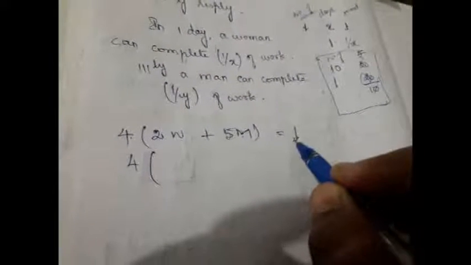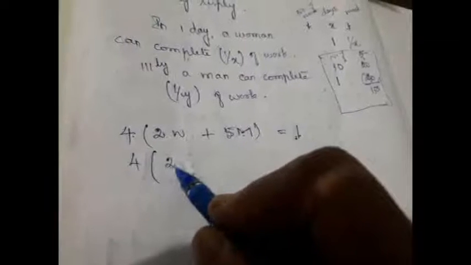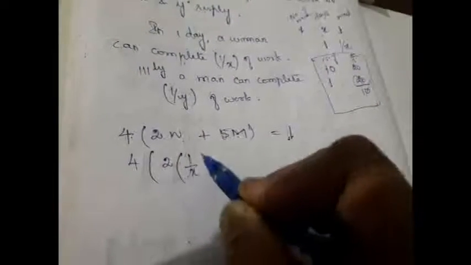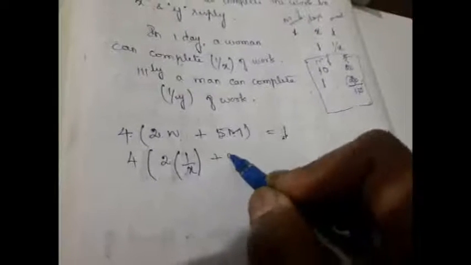When the entire work is reached, when 2 women work, how much work do they complete in 1 day? 1 by x, plus 5 into 1 by y, they reach the entire task. I repeat, 1 by x is the work done by one woman in one day.